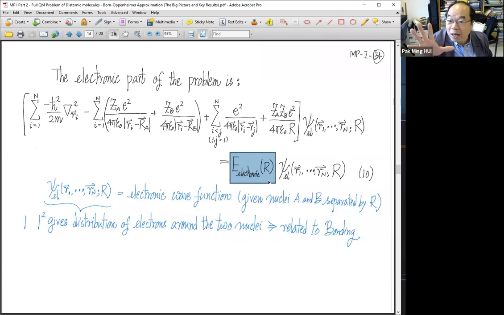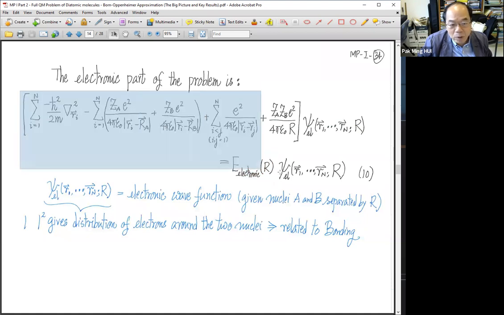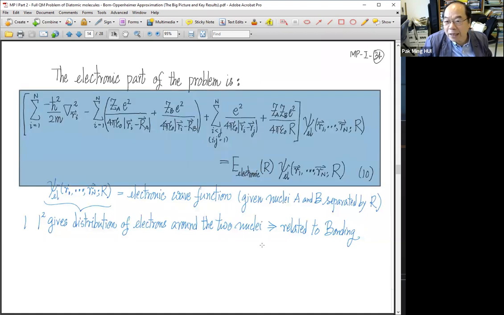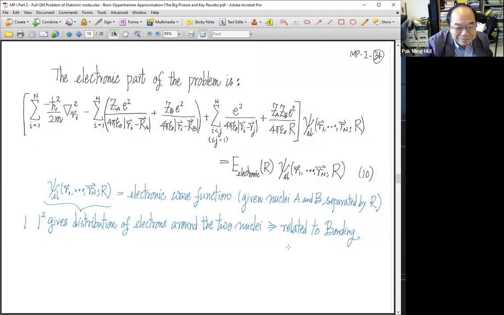Here, we forget those two parts for the moment and focus on the electrons' behavior. So this is the thing we will consider for the next 50 pages. Let's move on.